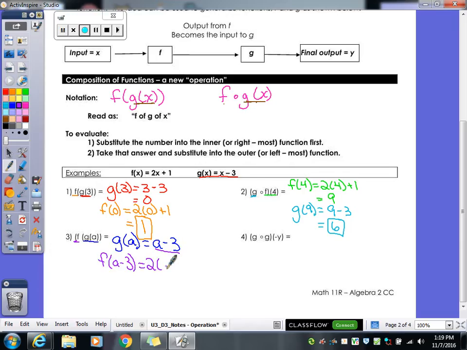So that would be 2 times a minus 3 plus 1. So distribute our 2, I get 2a minus 6 plus a 1. Combine our like terms. 2a minus 5 is going to be our final answer for that one.